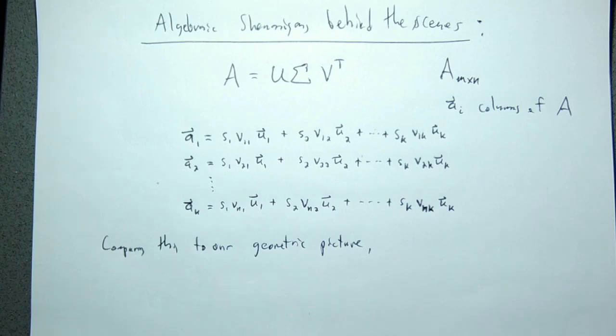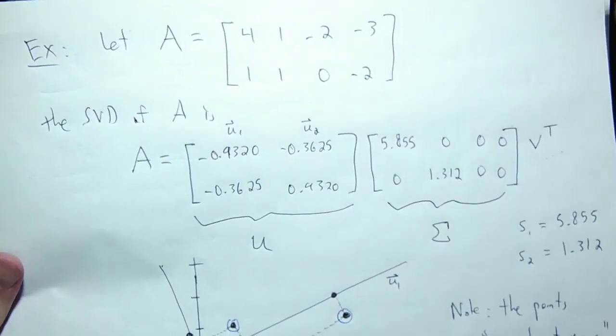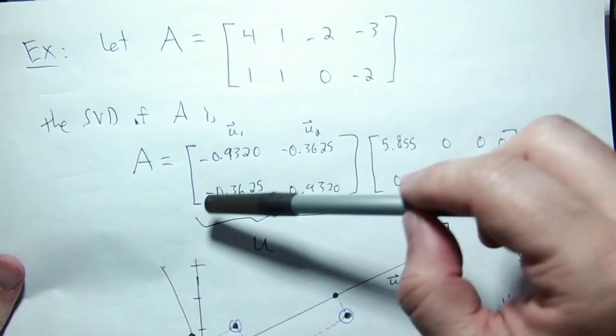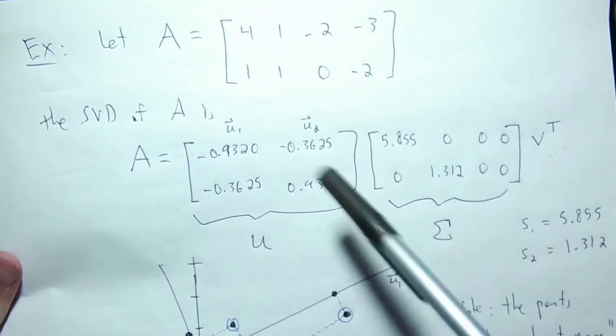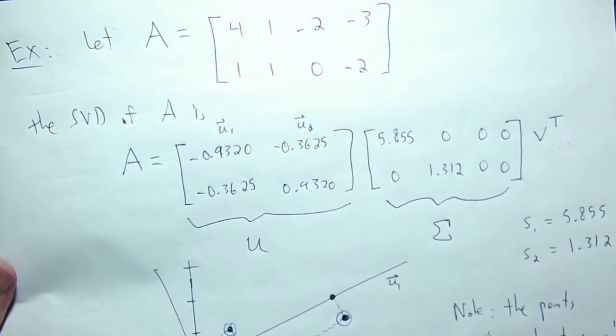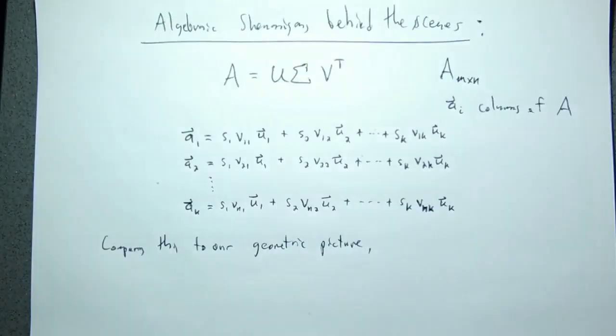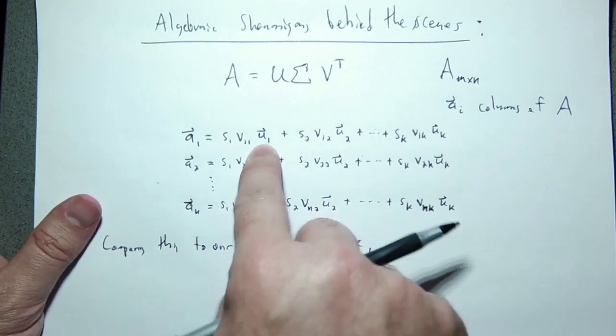Going back here to our example, our columns of A are our data points. So the columns of A can be thought of as being built from the columns of U. They're linear combinations of columns of U. Okay, and so seeing this written out in this way, it becomes apparent that the most spread out direction is the U sub 1 direction.